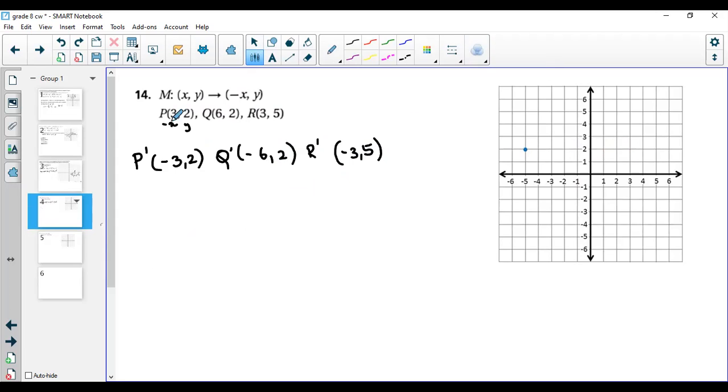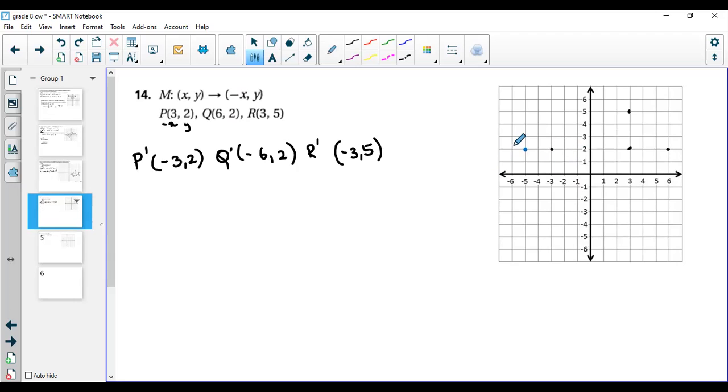So first let's draw the pre-image. That's 3 and 2 here, and 6 and 2 here, and 3 and 5. It's here. So this is for the pre-image. For the image, I have negative 3 and 2 here.